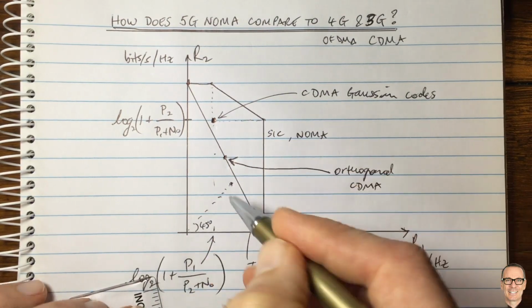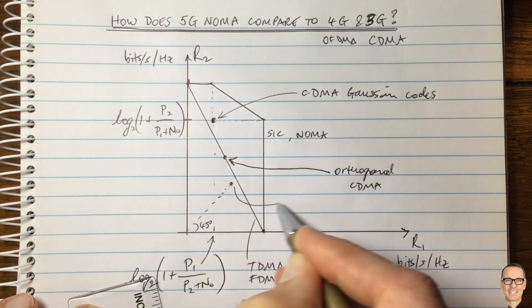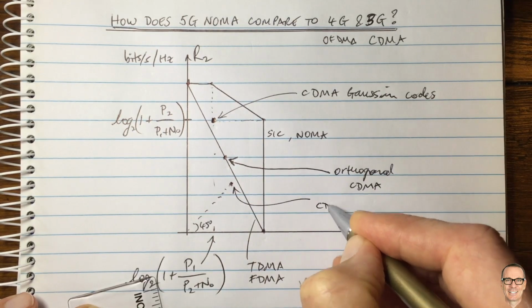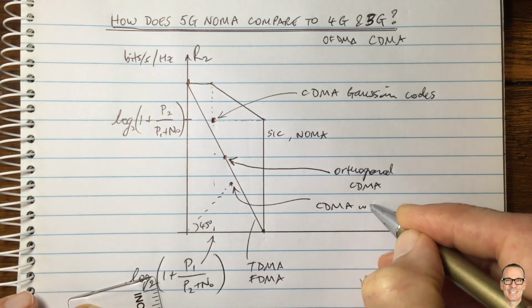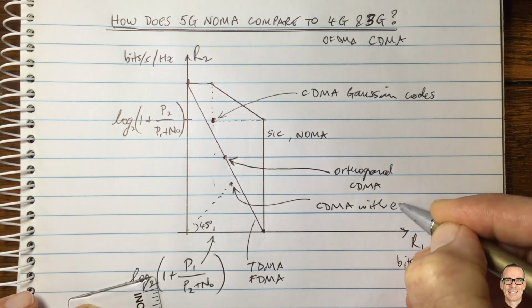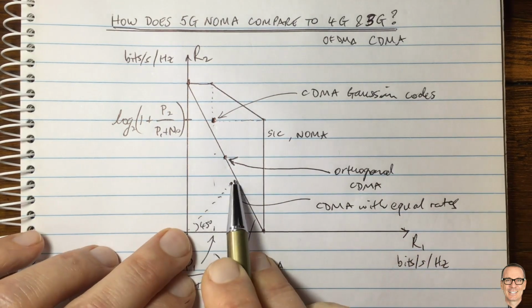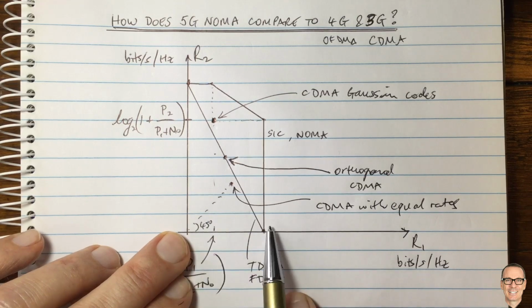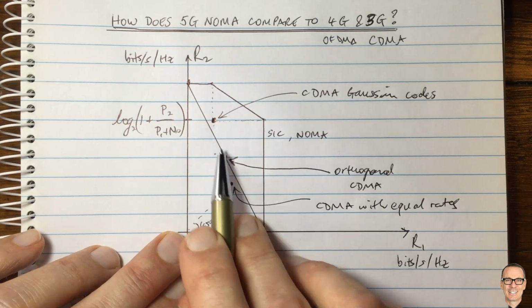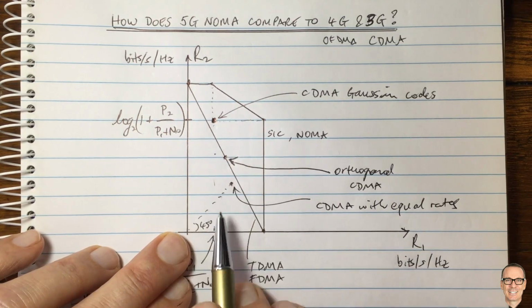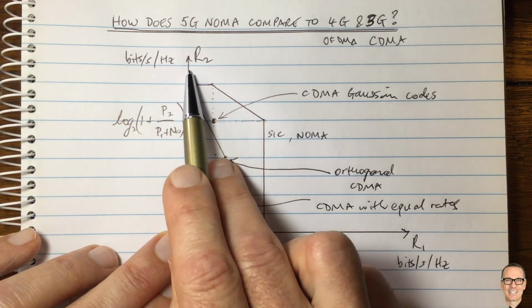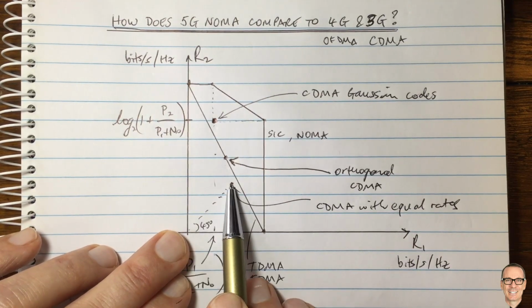So this point here is CDMA with equal rates. And so certainly user 1 has a bigger rate than it got in either of the other two versions of CDMA, but it came at the expense of user 2 having a significantly lower rate.